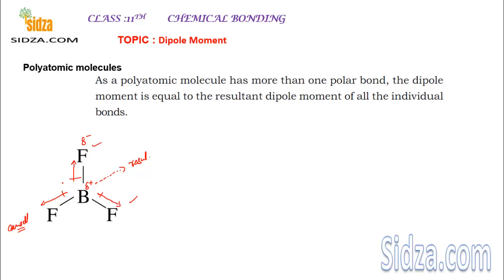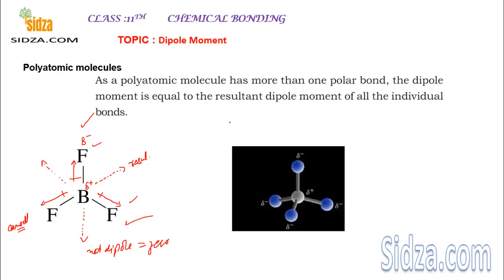Same thing will happen over here. If you look at these two vectors, the resultant of these two is in this direction, and that is being cancelled by this one. So actually you will see the net dipole moment in the BF3 molecule will be 0 here. The net dipole here is 0.